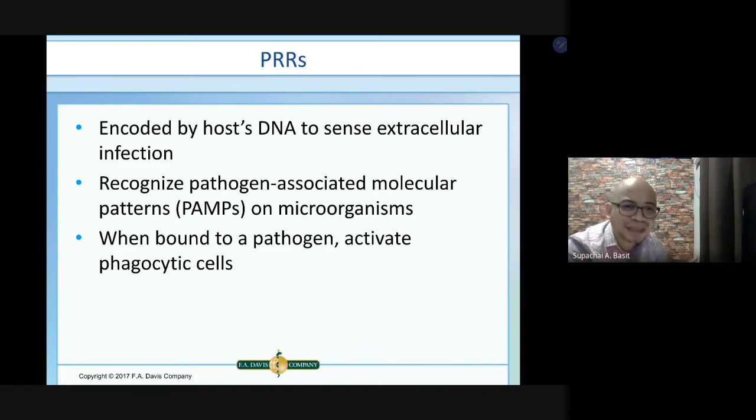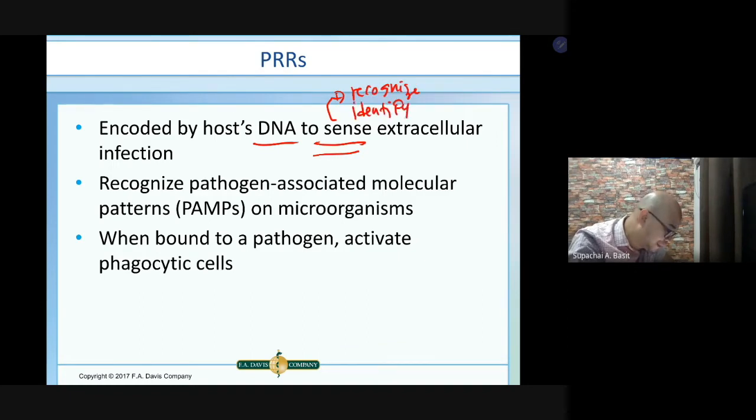The pathogen recognition receptors are encoded by the host DNA. So we are the ones to encode them. And the primary purpose is to sense, meaning to recognize or identify extracellular infection. When you say extracellular infection, it is outside the cells but still within the blood vessels.